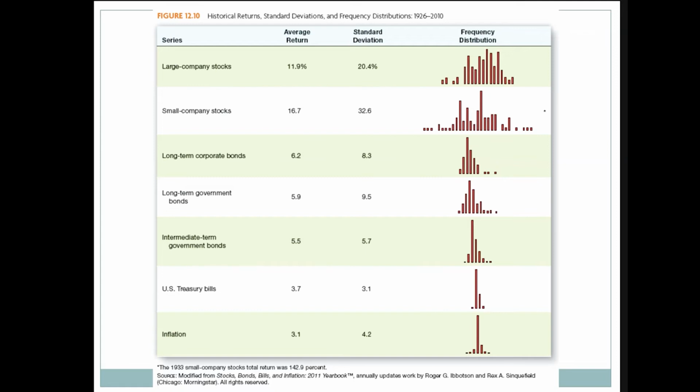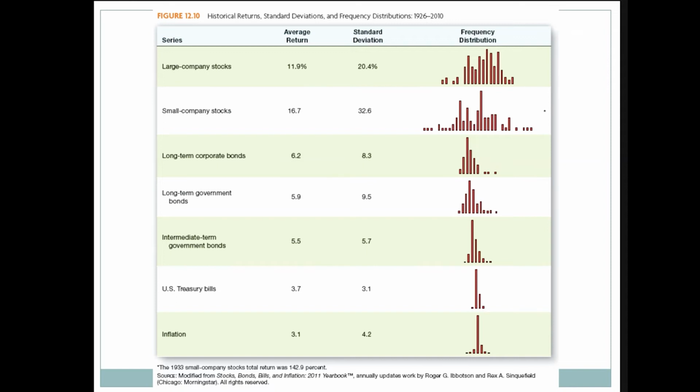So the average return for large stocks is about 12%. The average return for small stocks is about 16.7%. The risk, the standard deviation, the fluctuation in return for large stocks is 20%, while for small stocks it's 32%. So the way we think about that is the standard deviation tells us how much we should expect the actual return to vary in any given year.